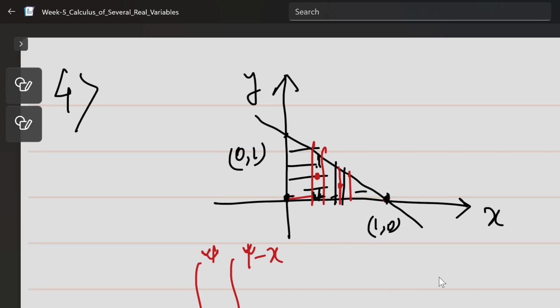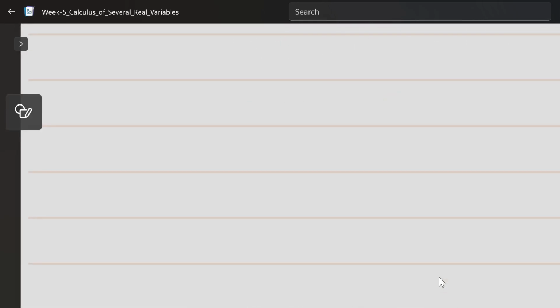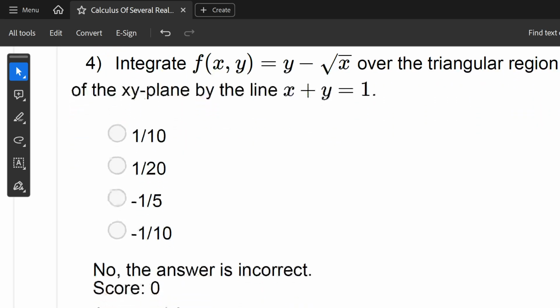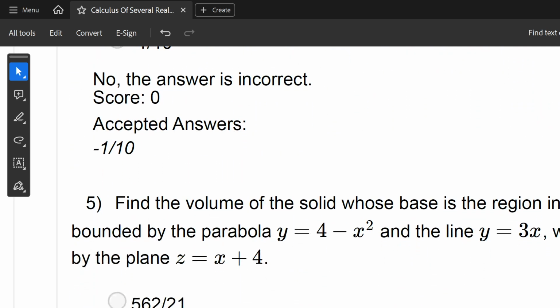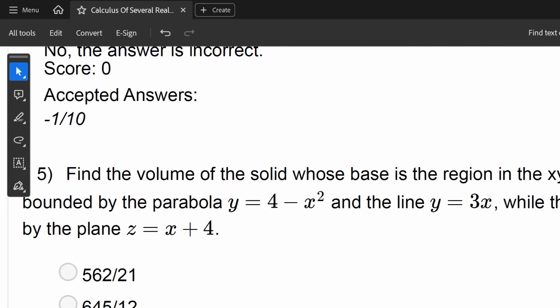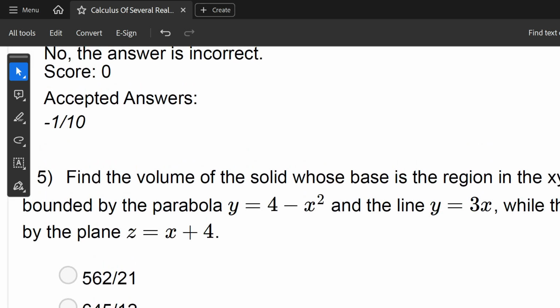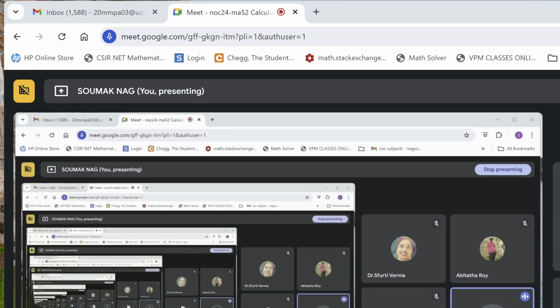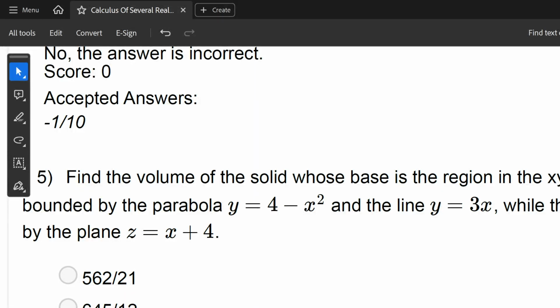If you calculate this correctly, then you are done. Okay, so I will move to question number 5. Any question till now? I hope no question.